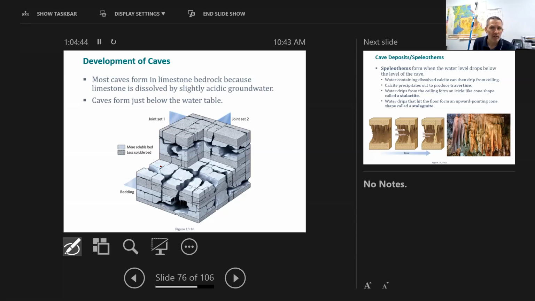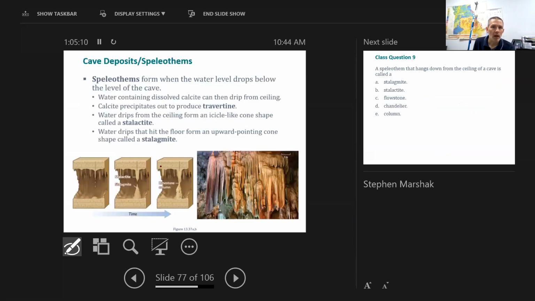This water is going to find a place to go out, usually along a river, and as a result, that water is going to be drained. If it is drained, then we have a cavity in the ground. If we have an entrance point, we call it a cave. And these form, again, just below the water surface in that zone of saturation.